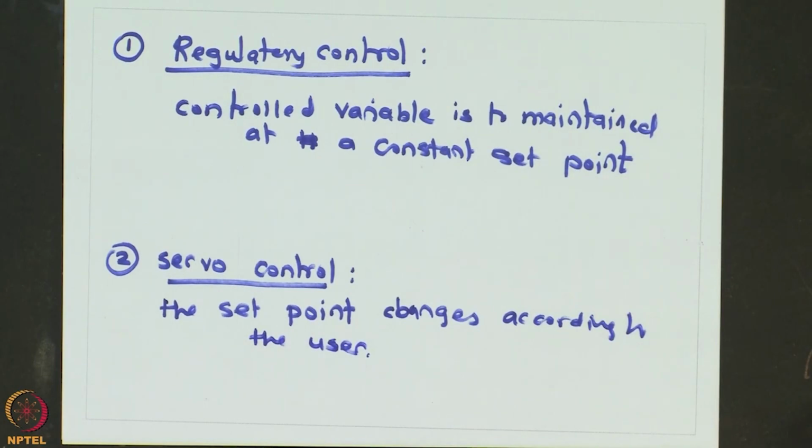So this is the case where either your market conditions dictate that you should operate it at a different value, or the reaction chemistry has changed because the catalyst has degraded and you want to operate the reactor at a slightly different temperature. So in that case, whenever there is a change in the desired value of the controlled variable, those type of control problems will be known as servo control problems.